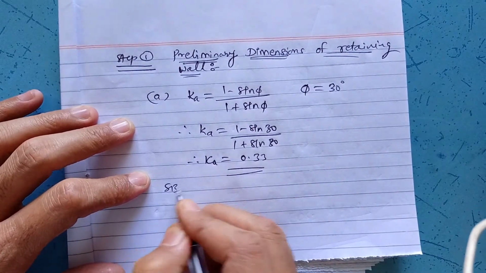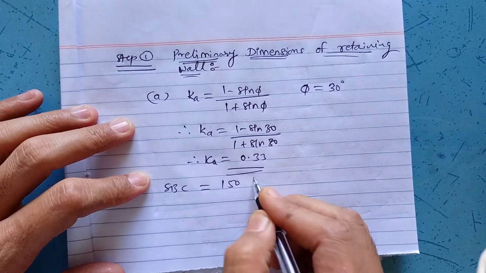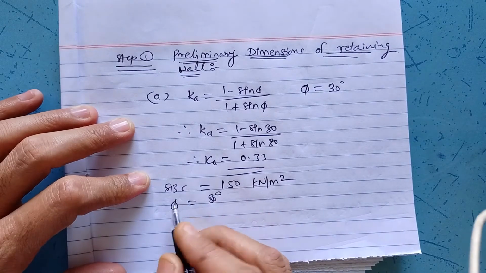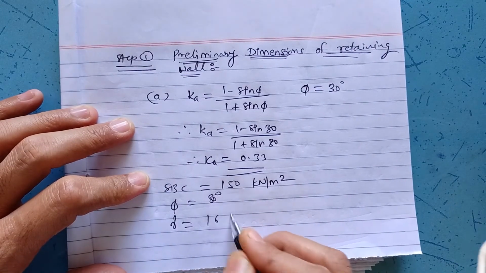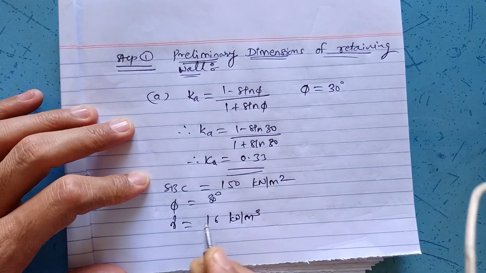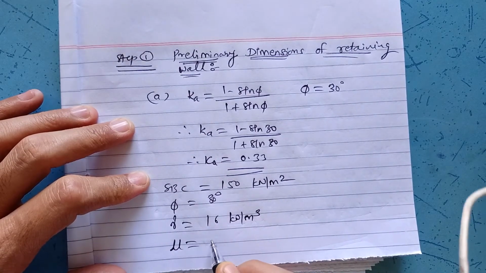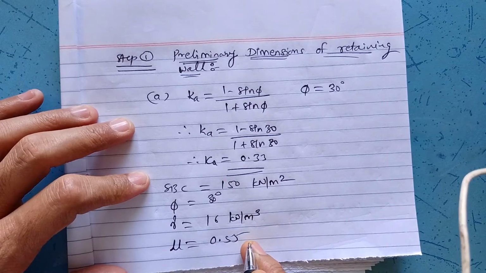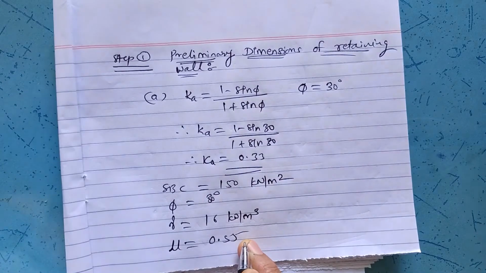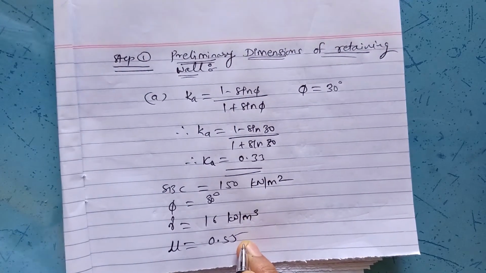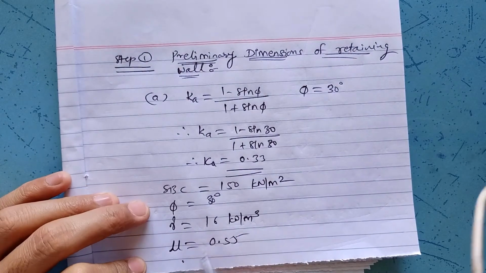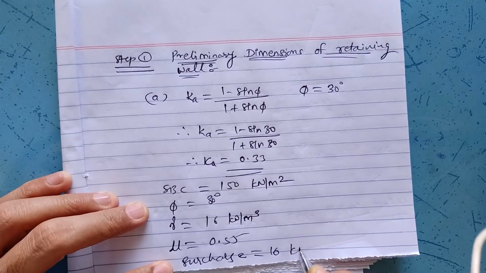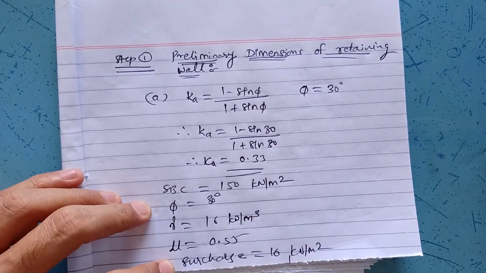0.33, and SBC of soil here is given as 150 kilonewton per meter square, phi 30 degree, unit weight of soil gamma as 16 kilonewton per meter cube, coefficient of friction as 0.55, and surcharge of 16 kilonewton per meter square.